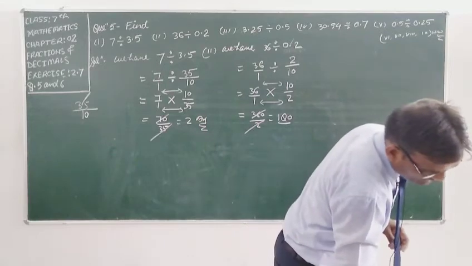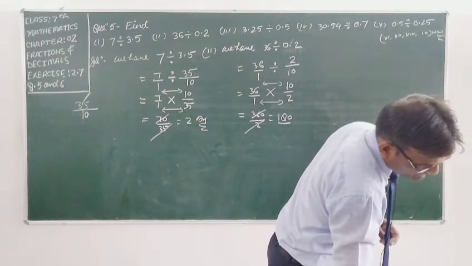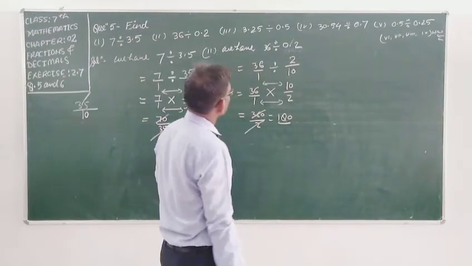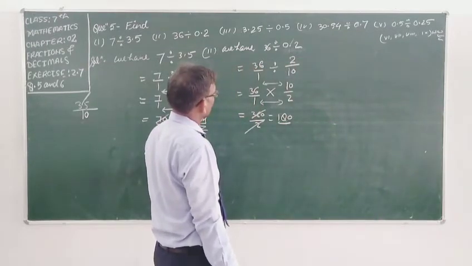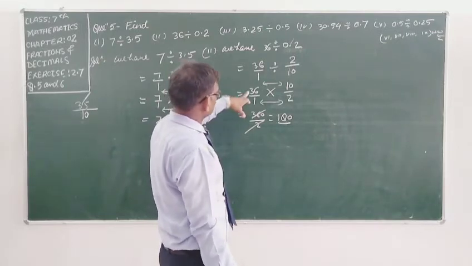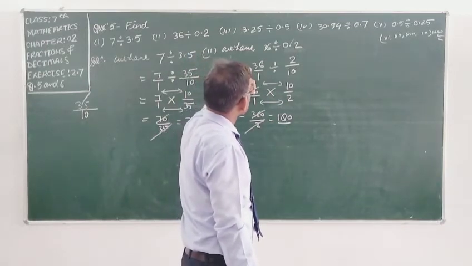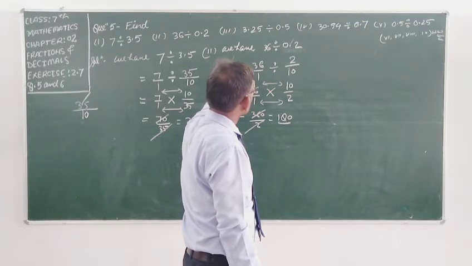One minute student, 36 divided by 0.2. 36 divided by 2 upon 10, 36 upon 1 into 10 upon 2.